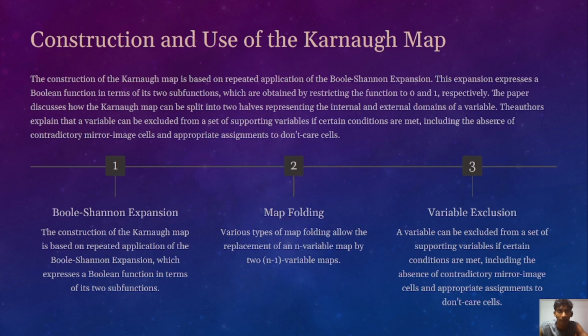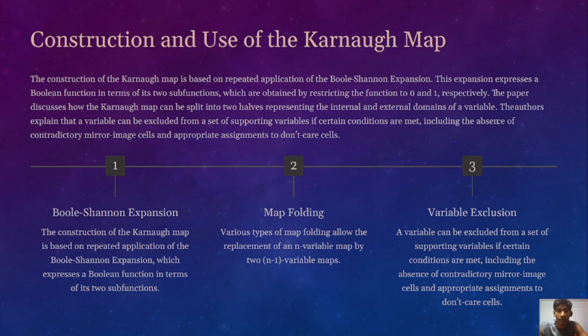Construction and use of the K-map. The construction of the K-map is based on repeated applications of Boolean expansion. This expansion expresses a Boolean function in terms of two subfunctions, which are obtained by restricting the function to 0 and 1 respectively.